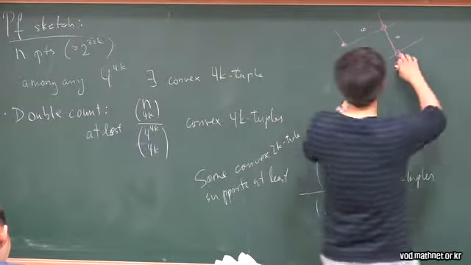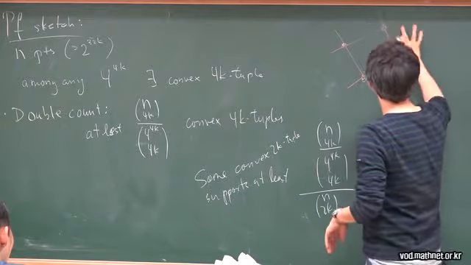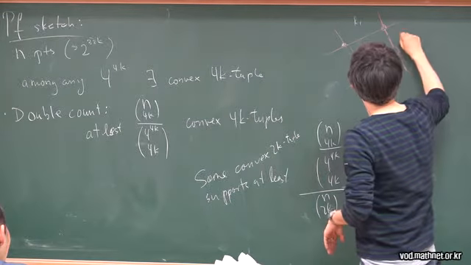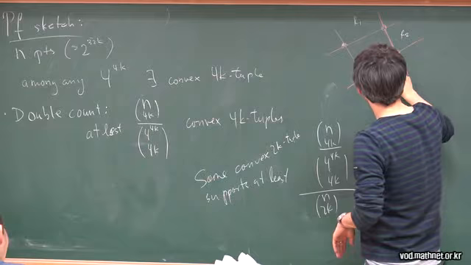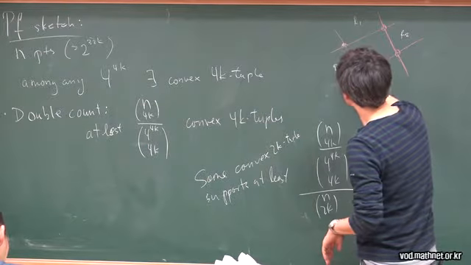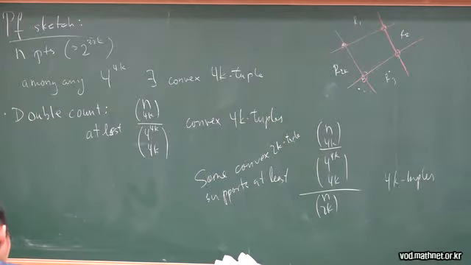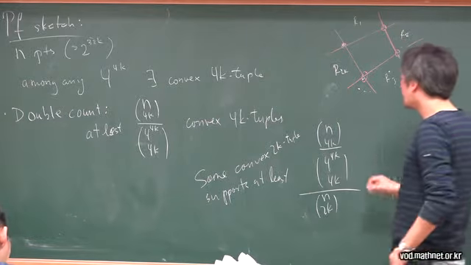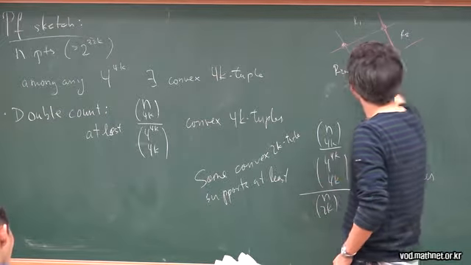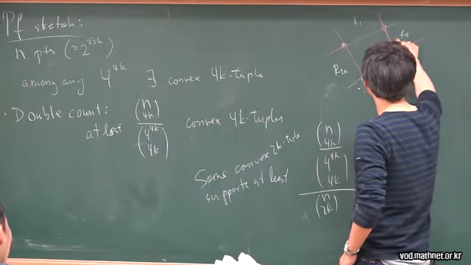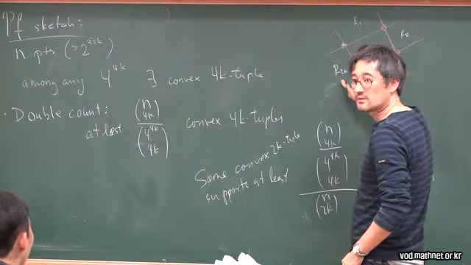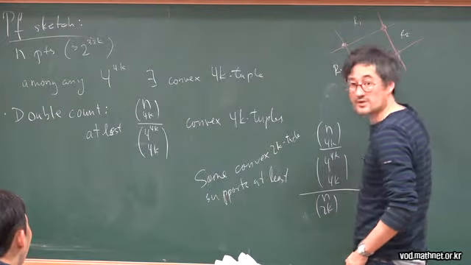This convex 2k tuple forms regions R1, R2, R3, up to R2k. And every time I see a convex 4k tuple, I see a point here, a point here, a point here, a point here, in addition to those guys who are supporting it.